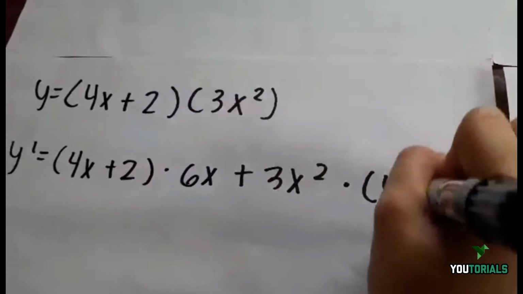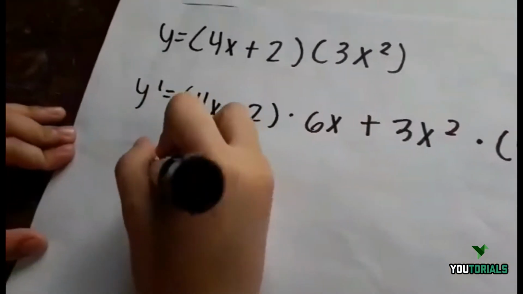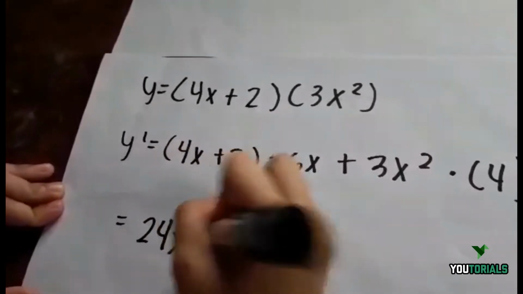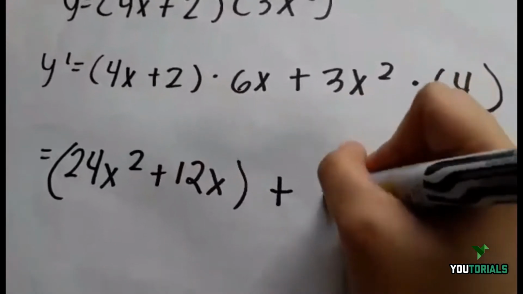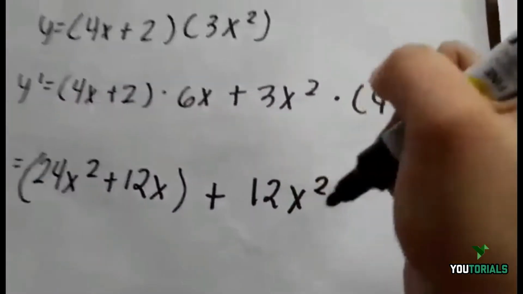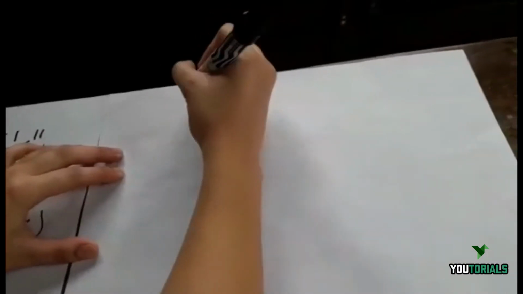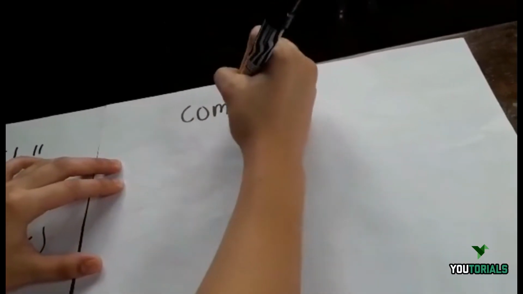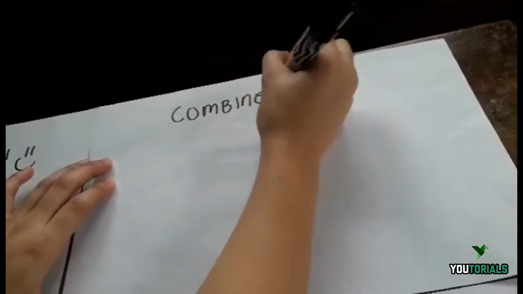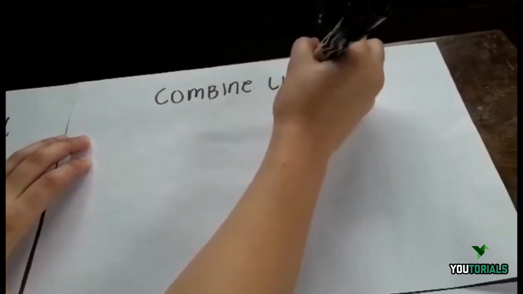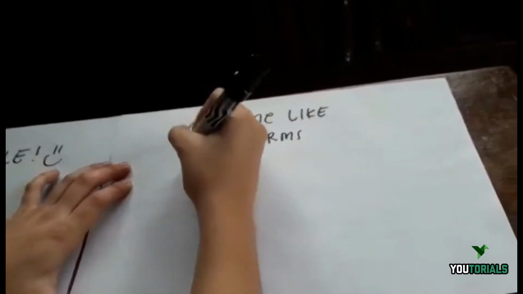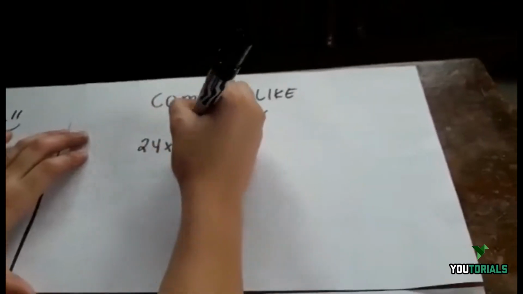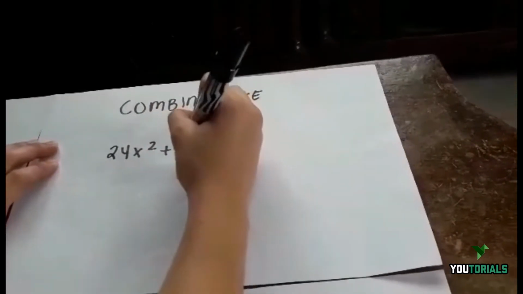It is equal to 6x times 4x plus 2, which is 24x squared plus 12x, plus 3x squared times 4, which is 12x squared. Next, we have to combine the like terms, which are 24x squared and 12x squared.